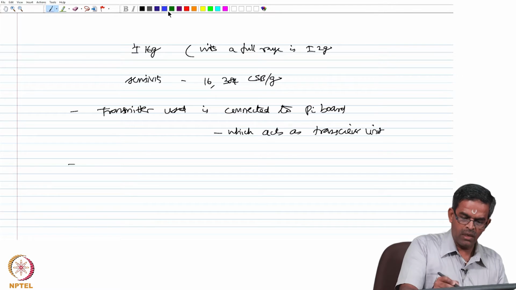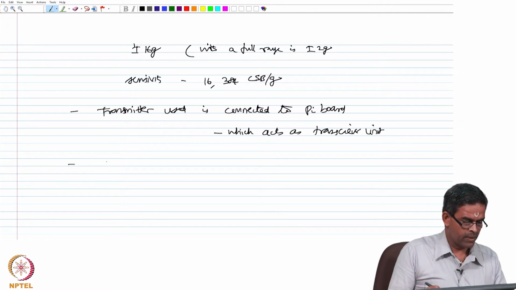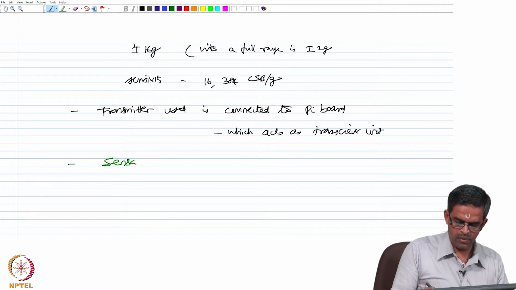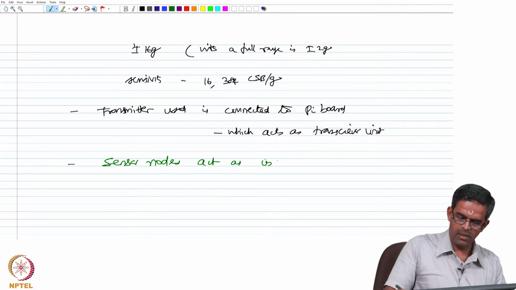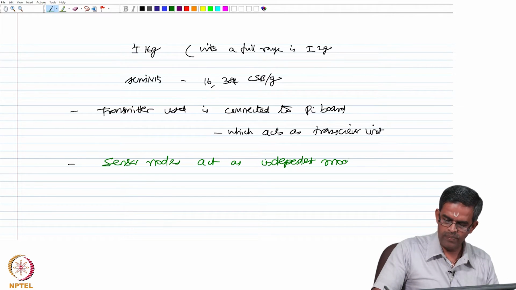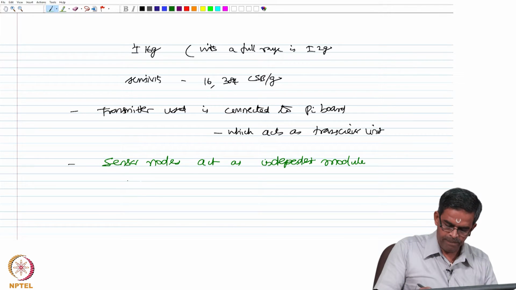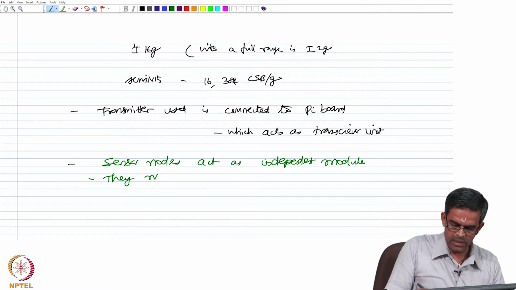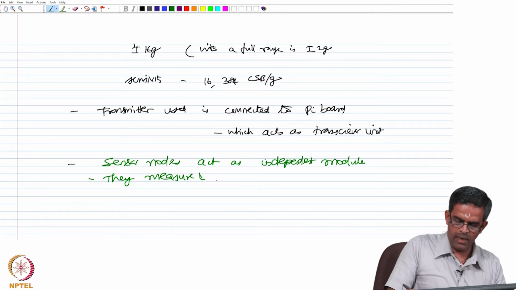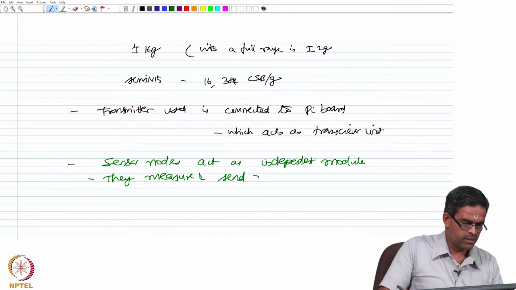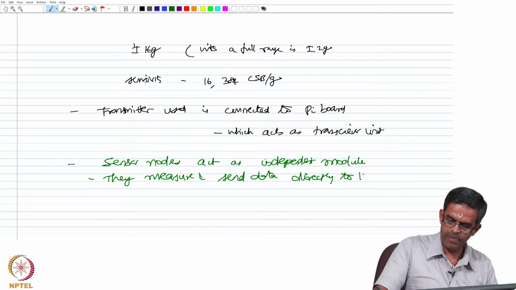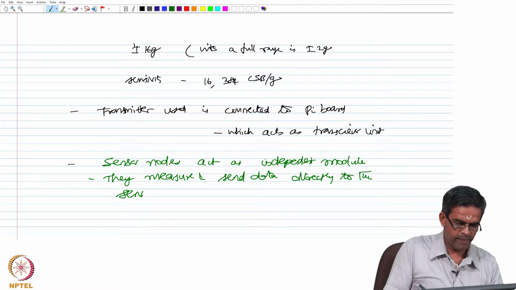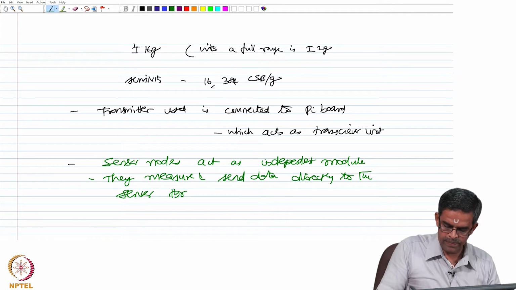Now, most importantly, in the wireless sensor networking, sensor nodes act as independent modules. They measure and also send data directly to the server through a transmitter.